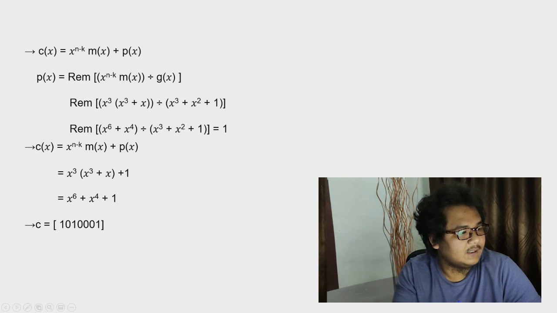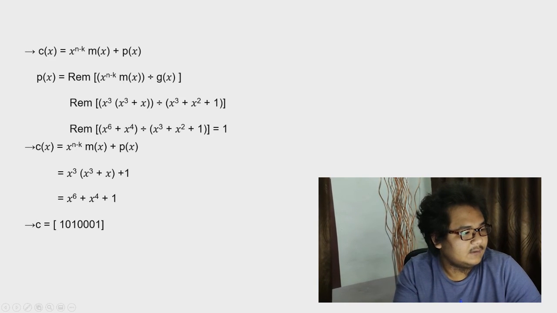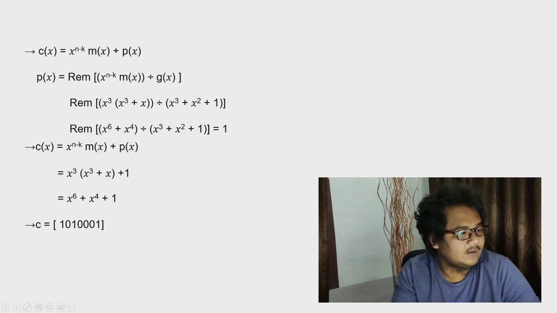Then we get x to the power of 6 plus x to the power of 4 plus 1. Then the final answer is c equals 1010001, starting from x to the power of 0.